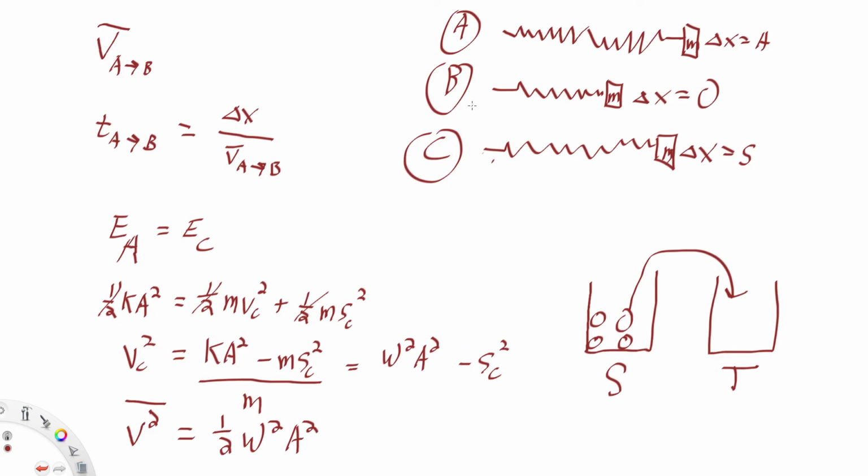All right. So let's give ourselves a little room, and let's maybe rewrite this a little bit. So the average kinetic energy is equal to half the potential energy.